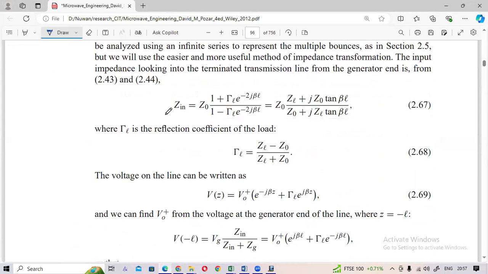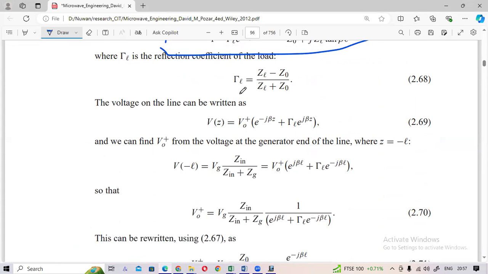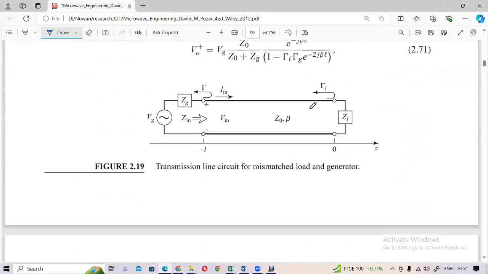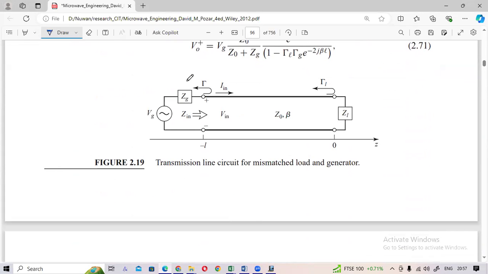Now, this is the transient impedance line equation. So you can write, you can see this, now you can understand. The exact scenario is discussed here also. So this is ZG, the source generator impedance.